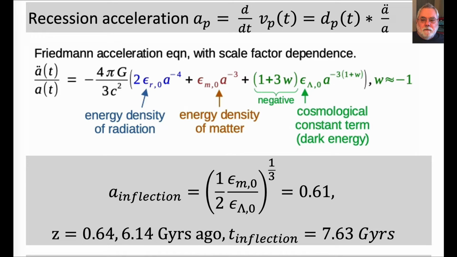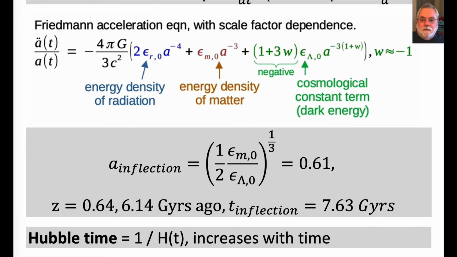This means that the recession velocity, always positive, between some distant galaxy and us was decelerating with time from the Big Bang till the inflection time, was increasing after the inflection time, and will continue to increase with time and scale factor forever, though slowly. We will come back to this inflection time shortly.